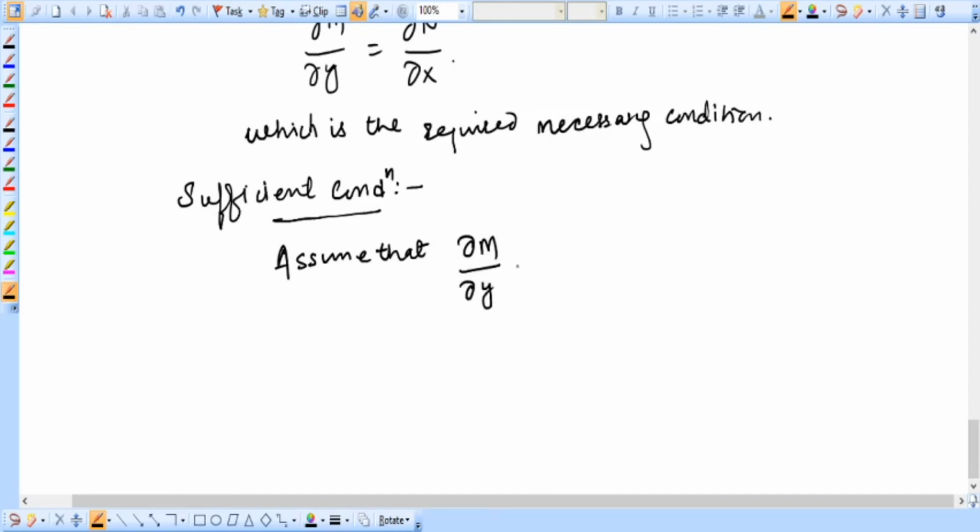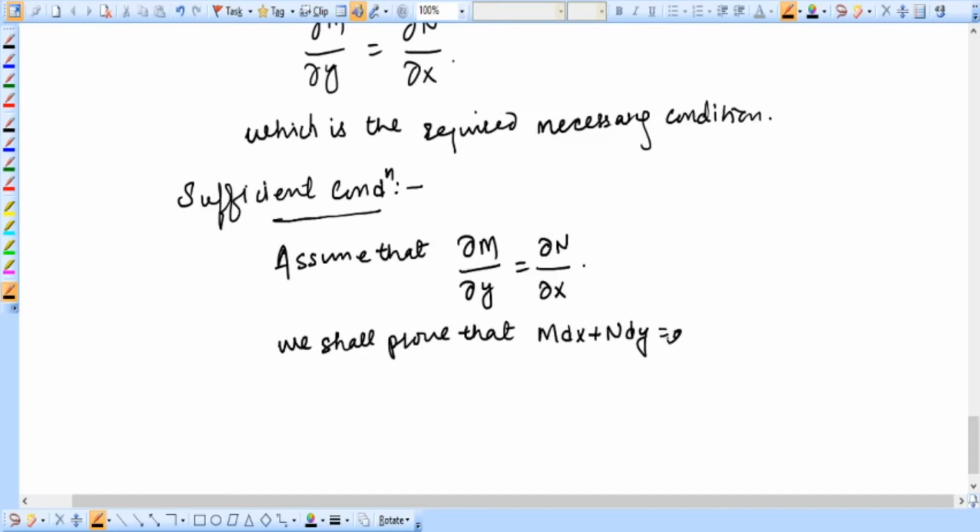So now we shall show that, we shall prove that Mdx plus Ndy is equal to 0 is exact.